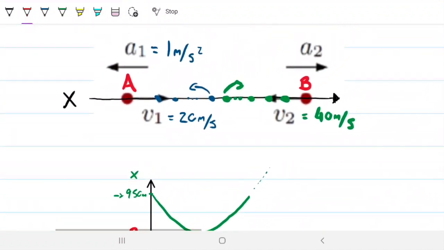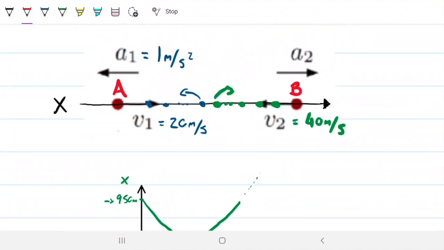Because, obviously, to simplify our lives, I'm going to say that this is 0. Right, so this is my position 0 for my x vector. So in other words, what this is saying is that x is a vector that leaves this origin here and travels all the way until it reaches one of our particles.